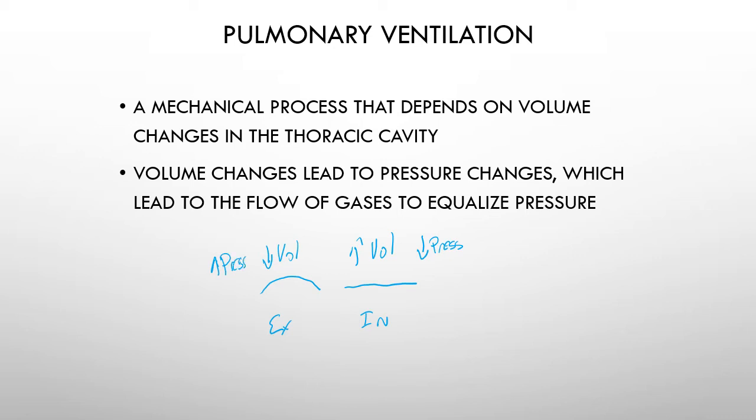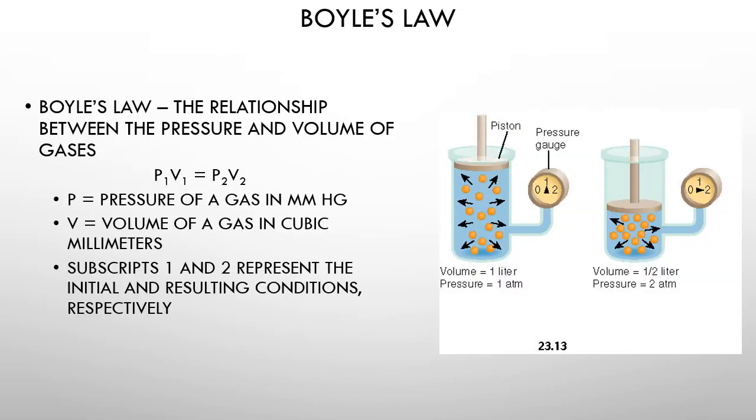That's going to move air either in or out of the lungs, and allows us to ventilate the lungs. That principle of changing the volume is what we call Boyle's law.